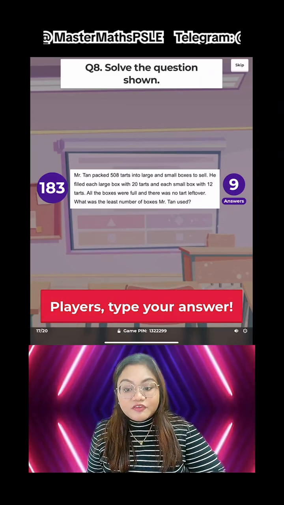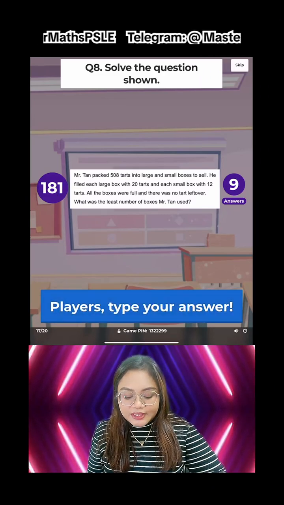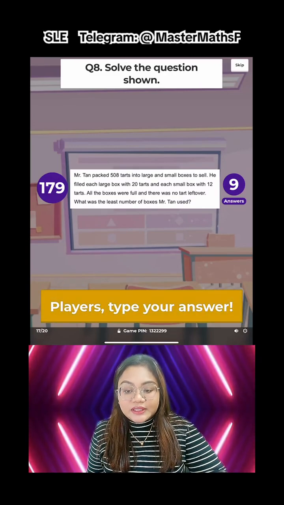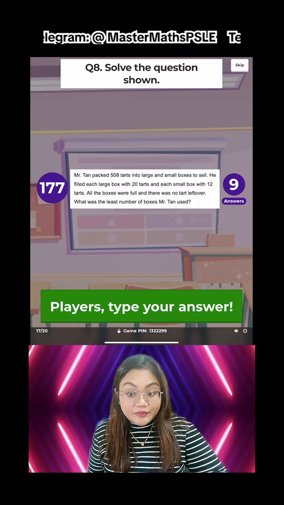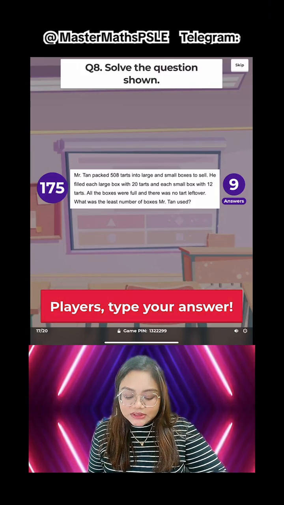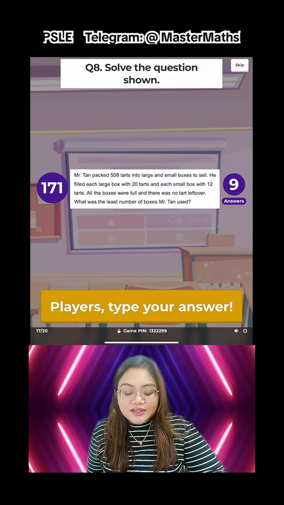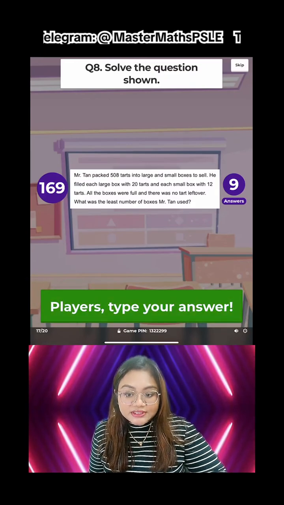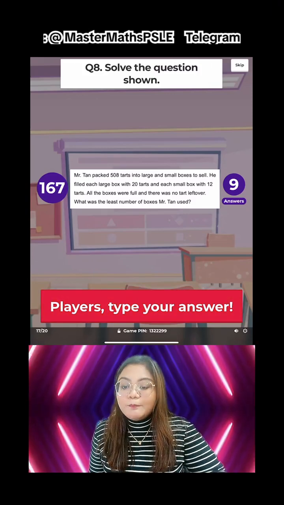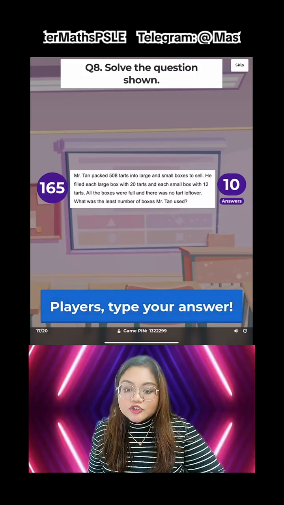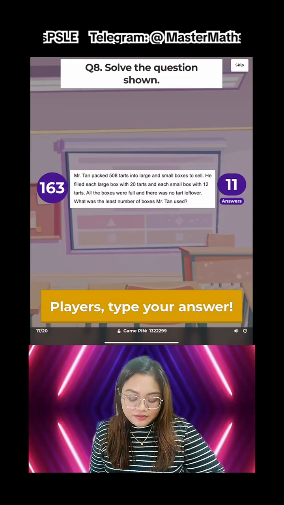Okay, for those of you who need hints here, if I want very little number of boxes, because I want the least number of boxes, right? I need the tarts to be packed into as many big boxes as possible. So how many big boxes can I have then?